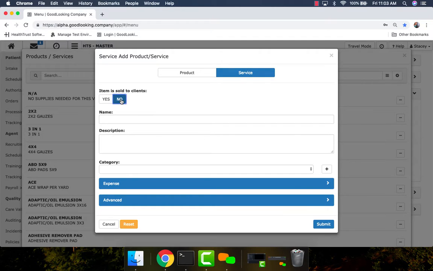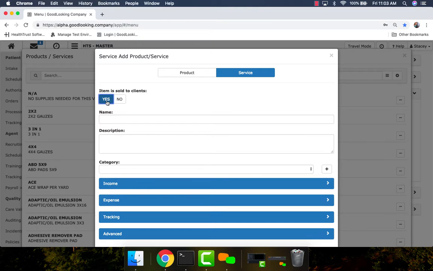Services that would not be sold to customers would include things like staff training, orientation, meetings, interviews. All of those can be set up as a service that's not sold to a customer.